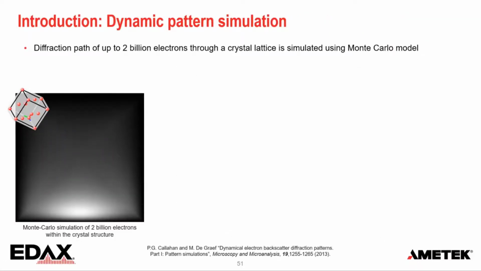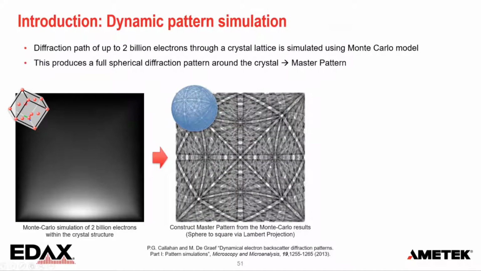Then dynamic pattern simulations for dictionary indexing and comparison of different patterns. Here we can take, in this case, about 2 billion electrons. We put them in the structure, let them diffract according to dynamic theory, and that will give us a master pattern.